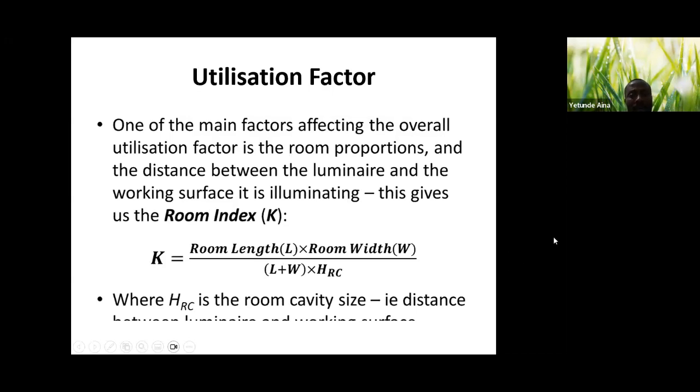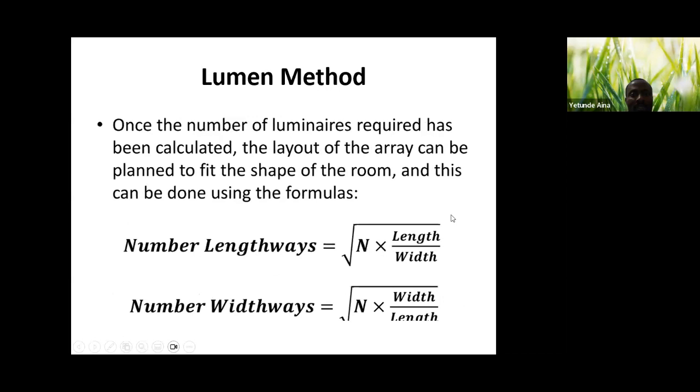Now, let's take a look at what we have here. This is talking about the next action once we have been able to calculate the number of luminaires that is required. Then we have to look at the layout of the array. This can be planned in such a way that it will fit the size of the room we are working with.